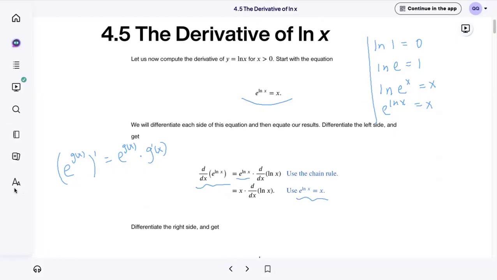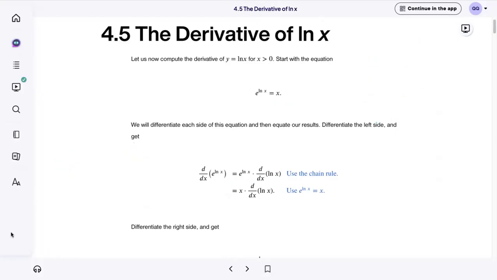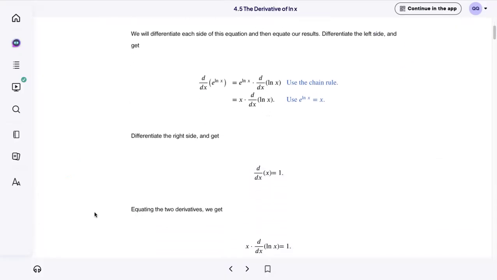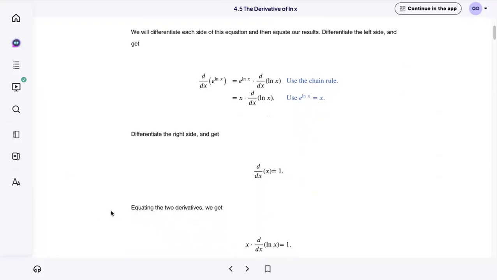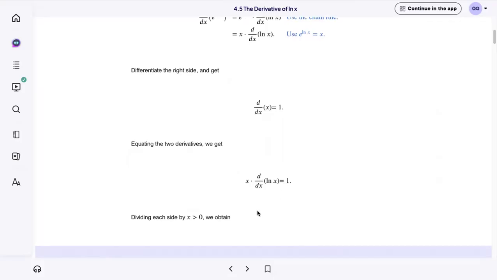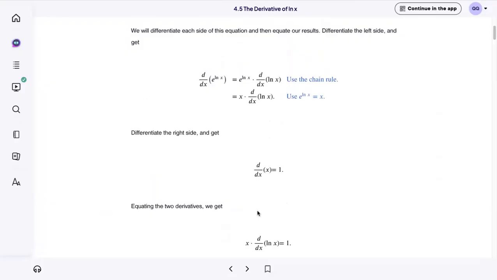Well, then we differentiate the other side. The derivative of x equals 1. So x times the derivative of ln x equals 1, because of the equation e raised by ln x equals x. The derivatives have to be the same.